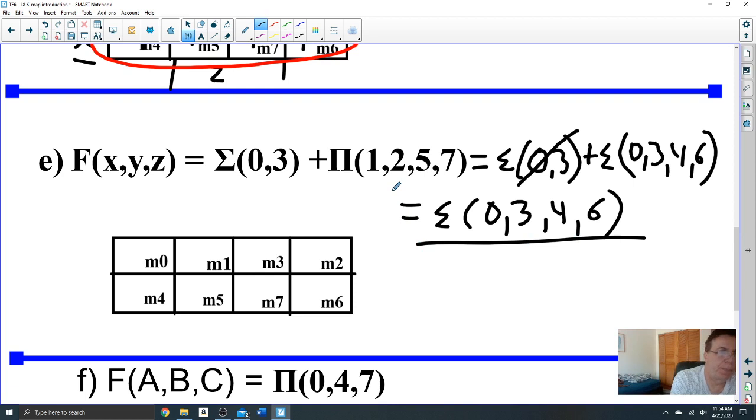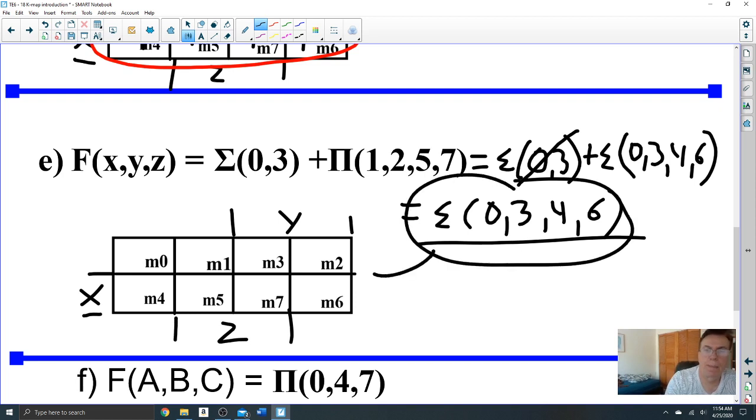Let's do the map and change it into an algebraic expression. All right, map: variable x, field y, field z. Let's transfer this into the map. And this one is 0 is here, 3 is here, 4 is here, and 6 is here. That's a scattered map.